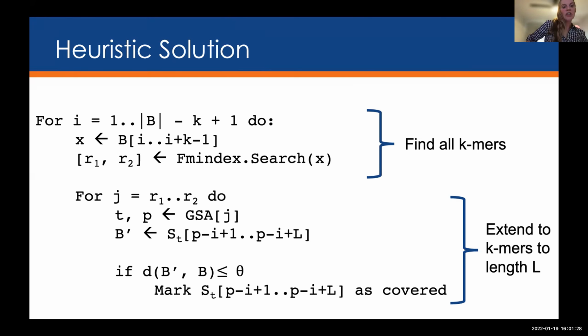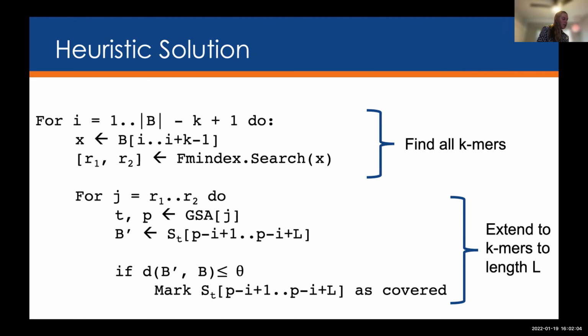Once we find the range within the FM index, we use the suffix array to look up the particular positions and attempt to extend that k-mer, determining if the subsequent sequence is within Hamming distance theta from that bait. If it is, then we set the associated positions as covered. If not, we move on to the next one. So this is our process, our heuristic.